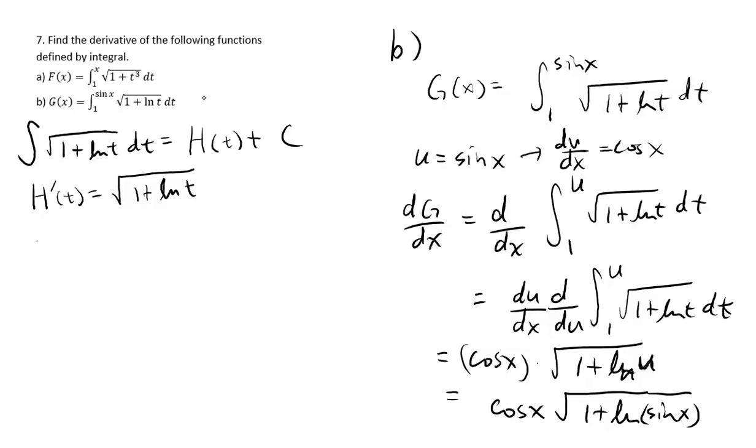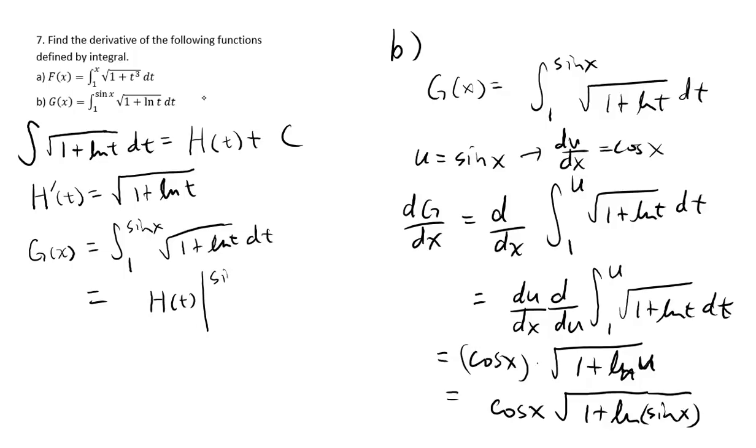Now we have g of x equal to the integral from 1 to sine of x of square root of 1 plus ln of t dt. And because we're now pretending that we do know the antiderivative, which is h of t, you plug in sine of x and 1, so that gives you h of sine of x minus h of 1.